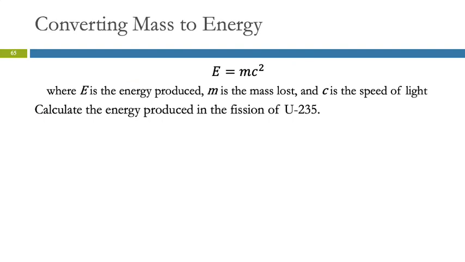So here is Einstein's famous equation, E equals mc squared. E is the energy produced, m is the mass that is lost, and c is the speed of light, squared. Okay, so we're going to calculate the energy produced in the fission of uranium-235.